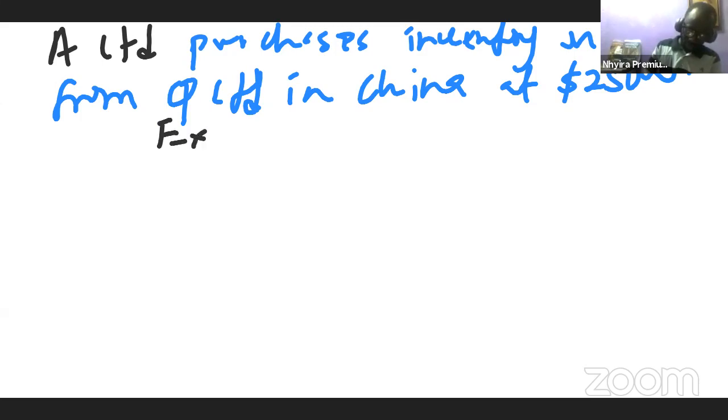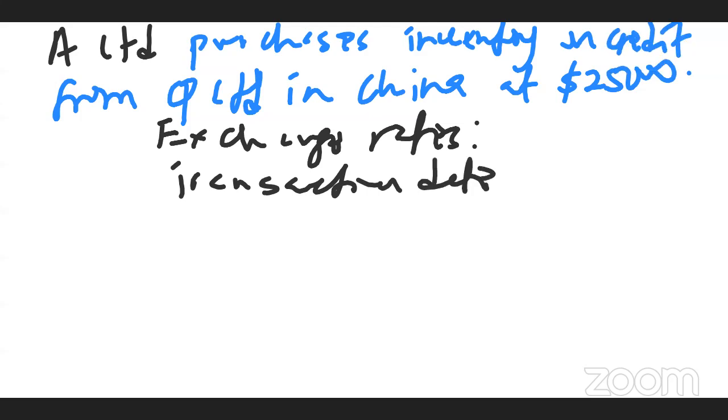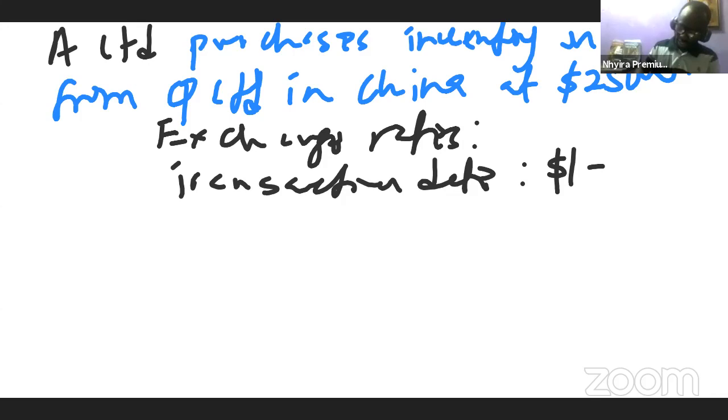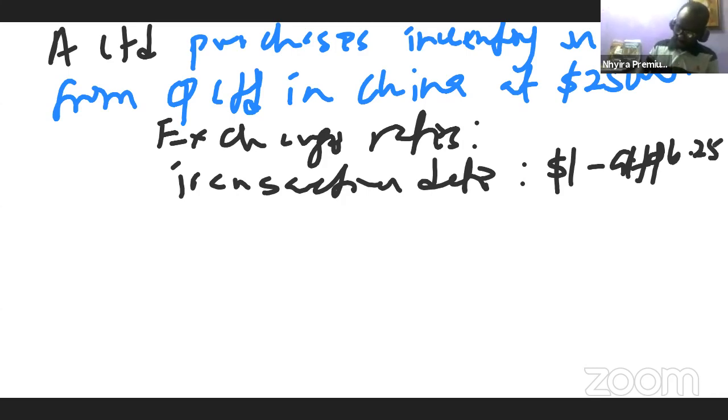Exchange rates. Transaction dates. Maybe let's say a dollar is, now that the dollar has become something, let's just say it's 6.25. Let's do two decimal places. It's actually three decimal, but we can do this. Then the reporting date exchange rate.